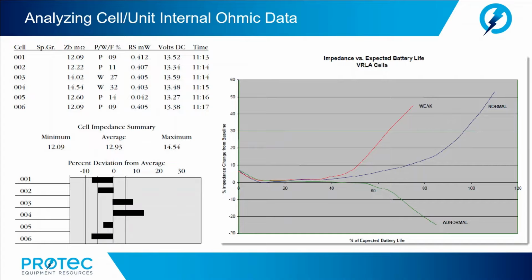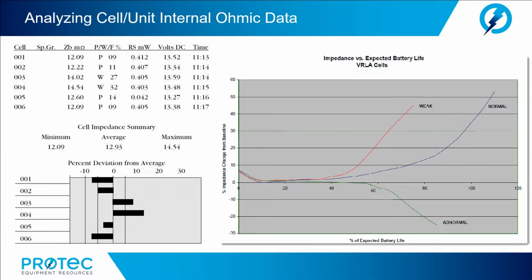For lead-acid cells, we would like to see each cell fall within plus or minus 10% of the average ohmic value. When a cell reaches a deviation of 15%, we want to conduct further investigation of that individual cell. If a cell falls plus or minus 20%, we want to put a warning on that cell and possibly perform a single cell discharge.